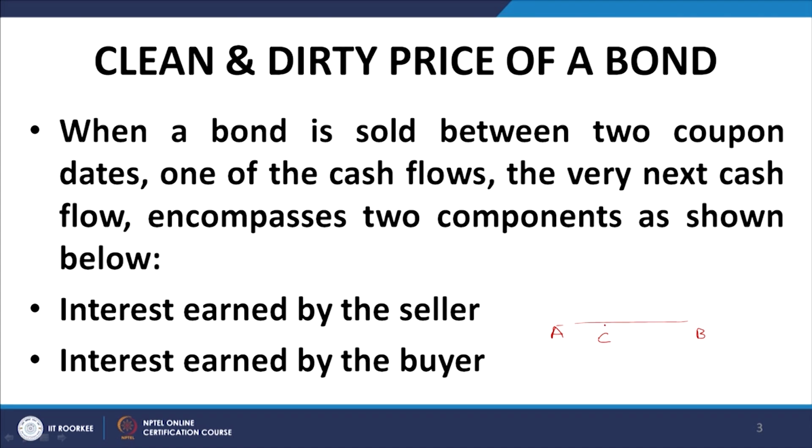the accrued interest for the period AC is added to the quoted price to arrive at the actual cash price or the actual payment that X would receive from the party Y. Let me clarify once again, this is an important concept, because X has held the bond for a part of that coupon period and Y has held the bond for the other part of the coupon period, the interest for the period AB needs to be allocated between these two holding periods.